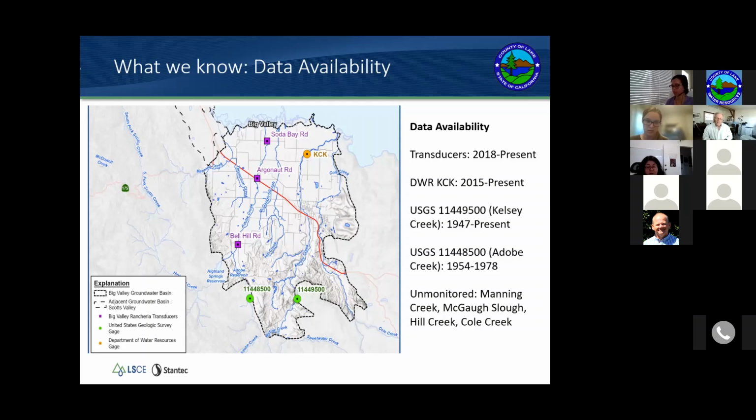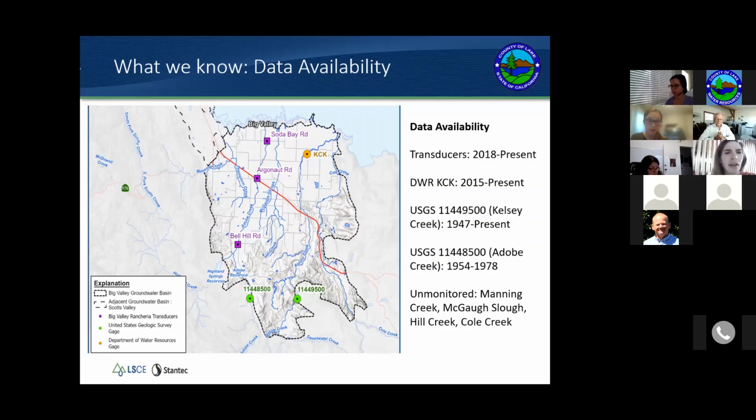I would like to follow up with you in the near future on that, because we can further develop the stage part of it. We've already done that with a few creeks and can do that for Manning and Coal. That would be great. Okay, so then we'll revise that and update the information as we move forward.